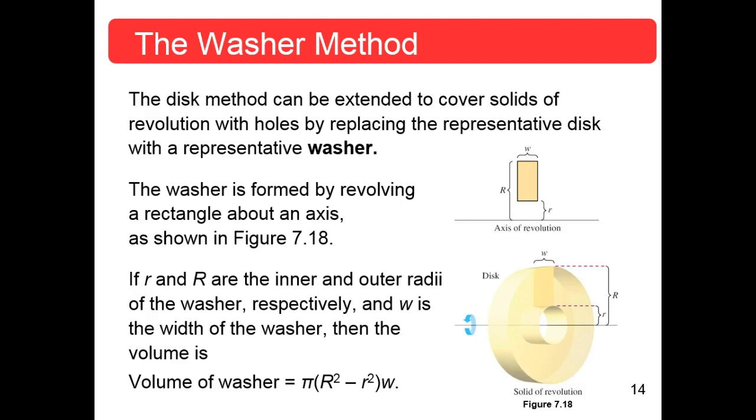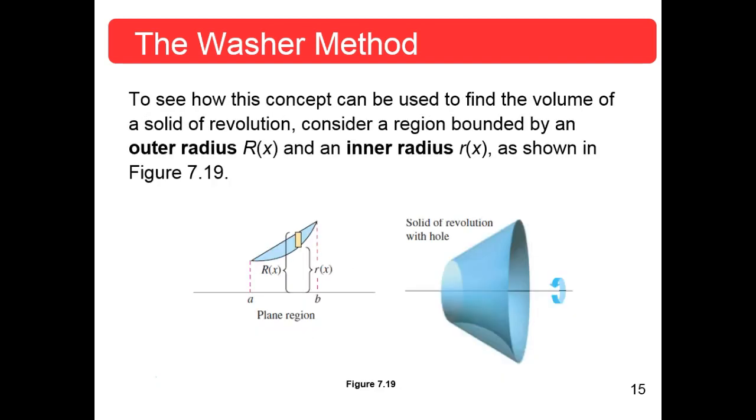So that forms sort of an easy way to define that volume. Okay? Now, that's going to lend itself rather straightforwardly to what we're going to do here. Okay, so to see how this concept can be used to find the volume of a solid of revolution, consider the region bounded by the outer radius, capital R of x, and the inner radius, little r of x, as shown in this figure.